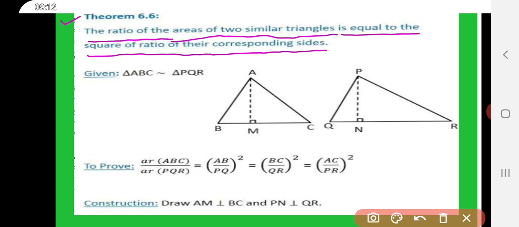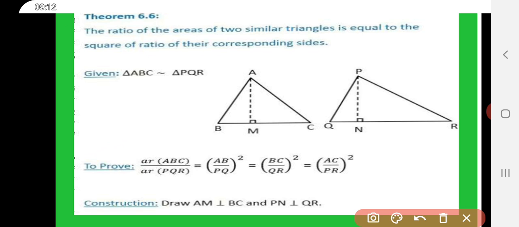Here, two similar triangles are given: triangle ABC and triangle PQR, and they are similar to each other. This is given.